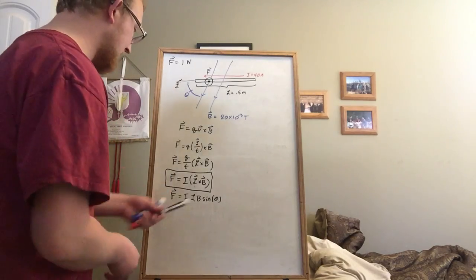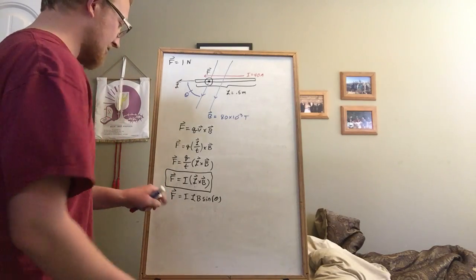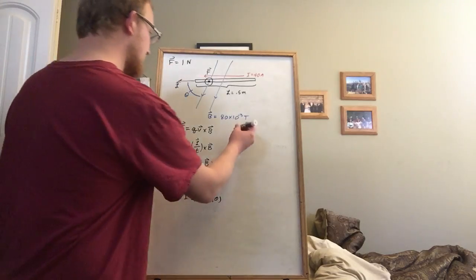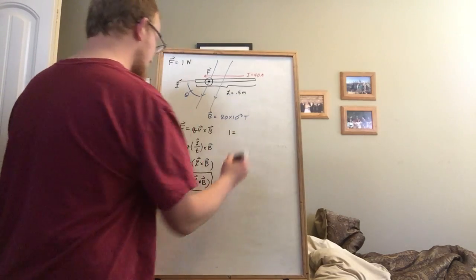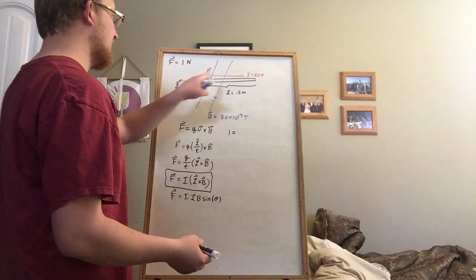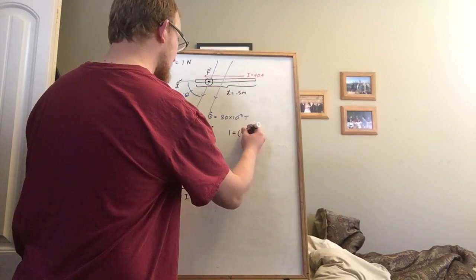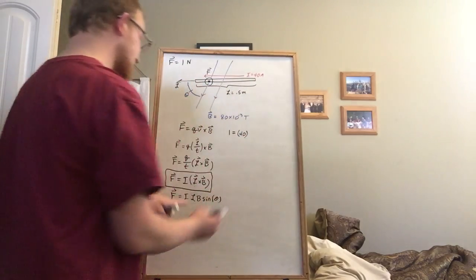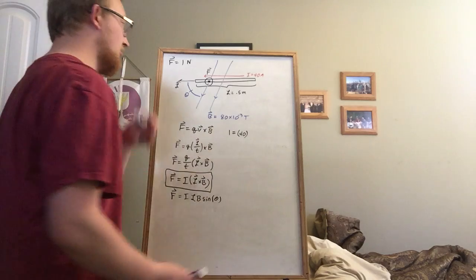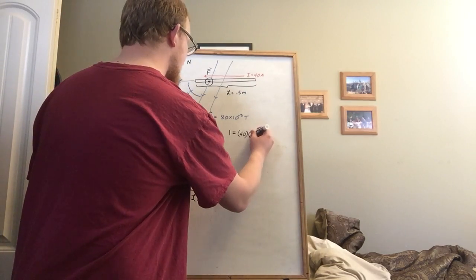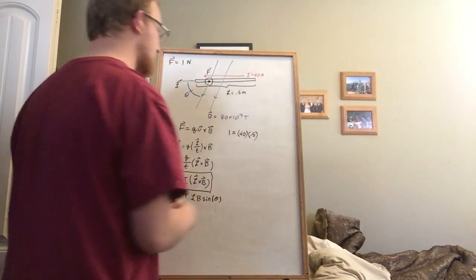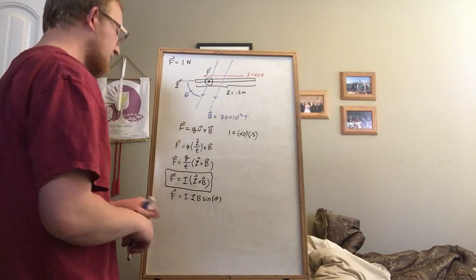And now we can go ahead and plug in our values. We know that the force is equal to 1 Newton. The current is going to be 40 amps. The length of the wire given is 0.5 meters. It was given as 50 centimeters, but we converted that.